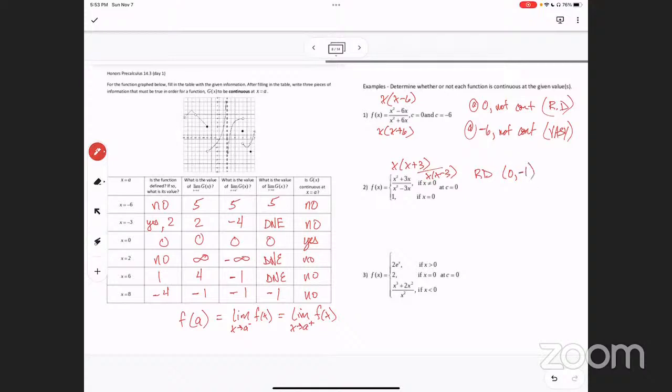So the question is, is it continuous at the given point? At c equals 0, is it continuous? No. It's not, because there's a hole there. And that hole, if this had said -1, it would have been continuous.